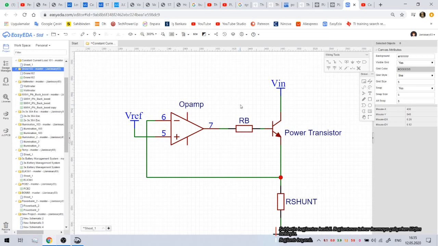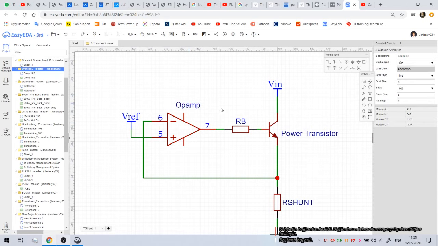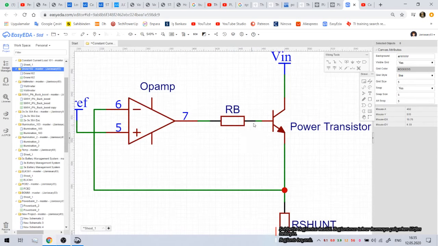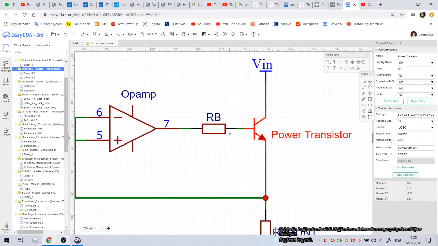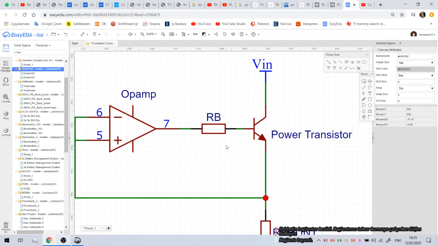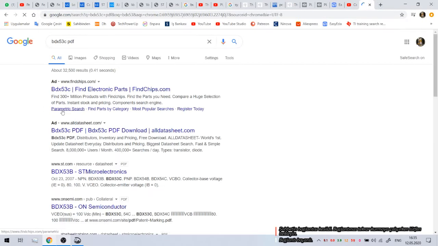RB is needed because we have voltage output on op-amp. If we take a look at NPN BJT, base emitter current starts to increase immediately after 0.7 volts. I want to show you some datasheet to explain this.